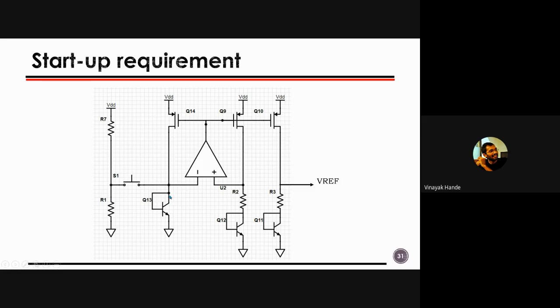Q3's collector will be connected to 0, R2's terminal is connected to 0, so no current is flowing through any of the transistors, in fact any of the circuit, even though you have reached VDD. Because the gates of Q14 and Q19 will be connected to VDD and current is not flowing, the bottom part of the circuit is connected to ground and the top part to VDD, so no current will flow and your circuit will not be functional at all.